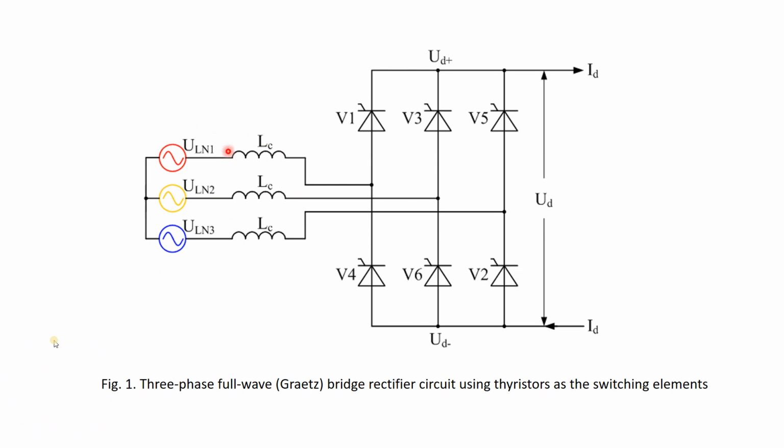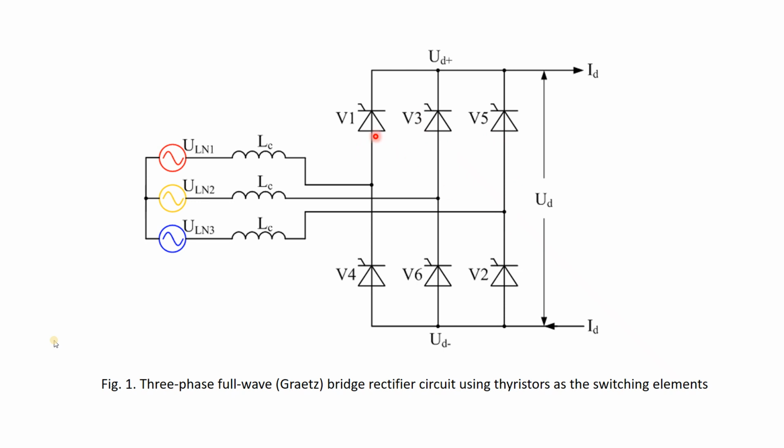You can see this is a 3-phase AC supply. We have 3 phases R, Y, B, and this is the rectification of AC to DC. We have 6 different thyristors, numbered 1, 2, 3, 4, 5, 6.